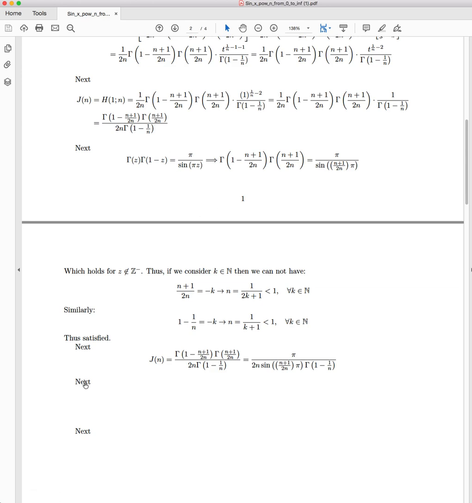So in terms of our integral, J of n, the integral from 0 to infinity of sine of x to the power of n dx is equal to pi over 2n times sine of (n plus 1) over 2n pi times gamma of 1 minus 1 on n, where n is a real value, but n is not allowed to be between negative 1 and 1.